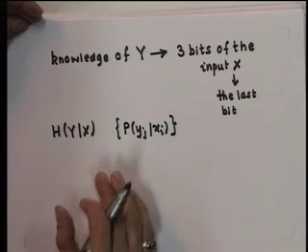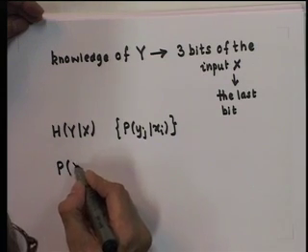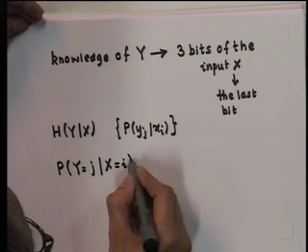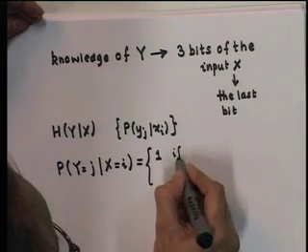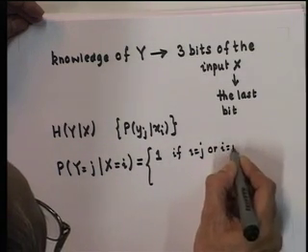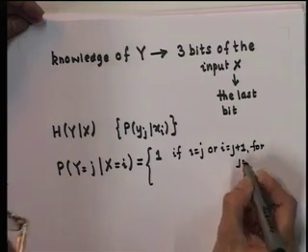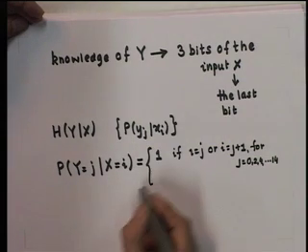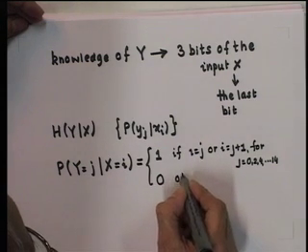From our knowledge of the compression scheme, we see that probability of y equal to j given x equal to i is equal to 1 if i is equal to j or i is equal to j plus 1, for j equal to 0, 2, 4, up to 14, and this conditional probability is equal to 0 otherwise.